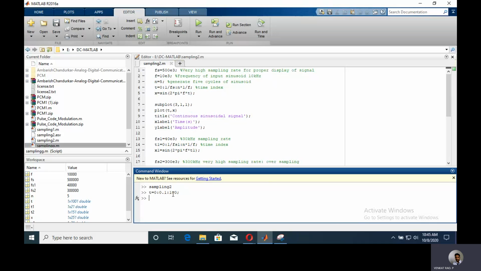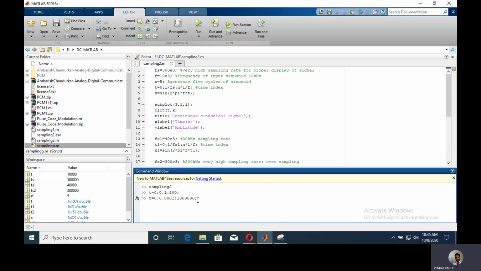If it is 0 to 100, you may take 0.1. If it is 0 to 10,000 like this, then this interval must be very, very small.